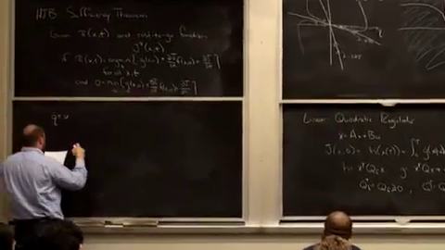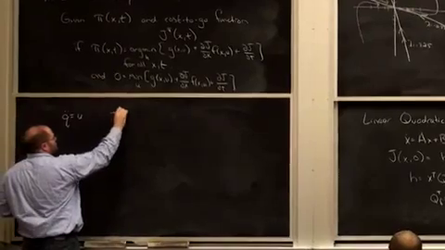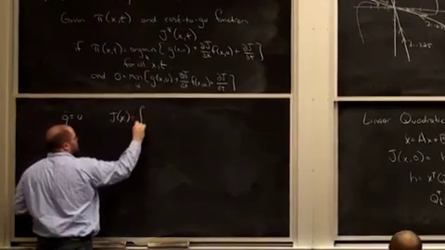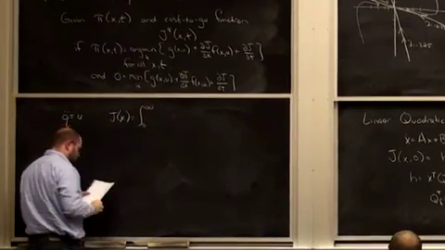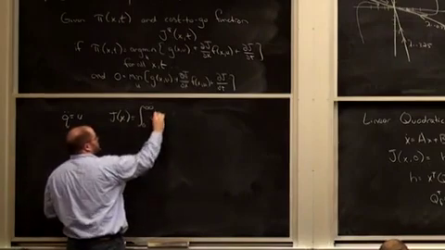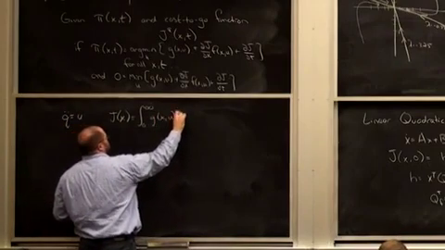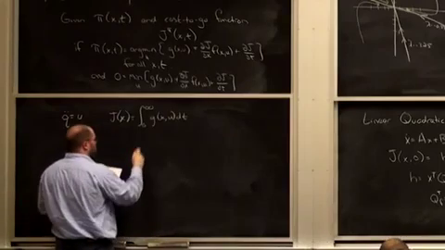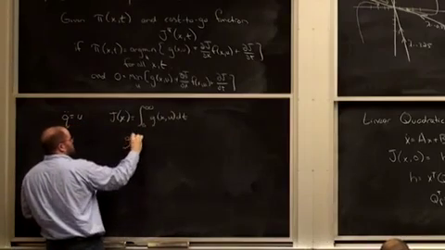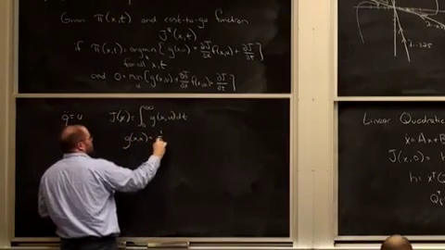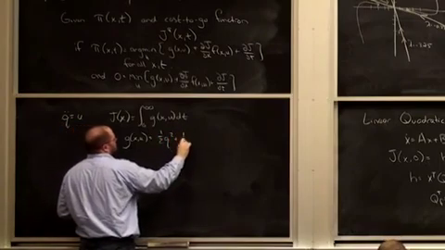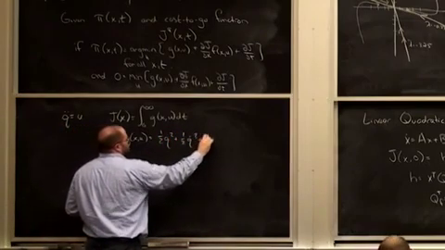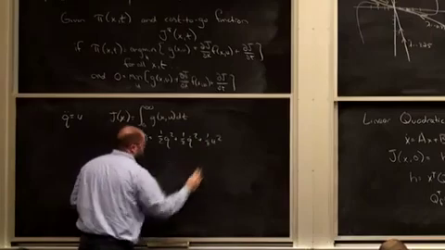We've got the infinite horizon J(x), the infinite horizon integral of g(x,u) dt, where I said g(x,u) was 1/2 q squared plus 1/2 q dot squared plus 1/2 u squared.